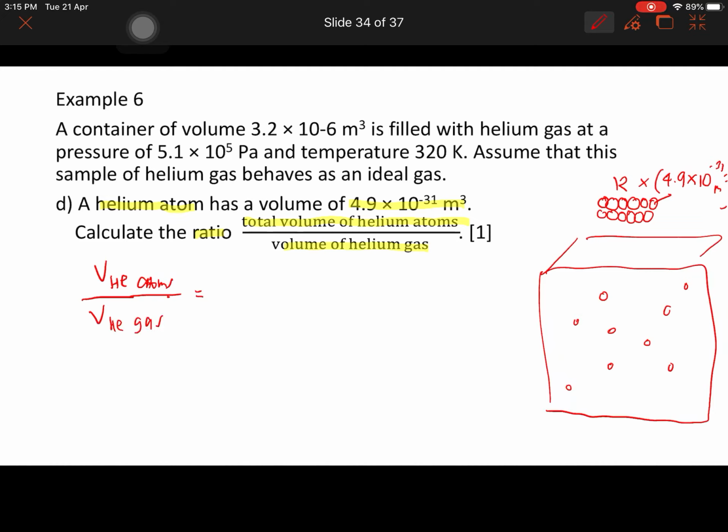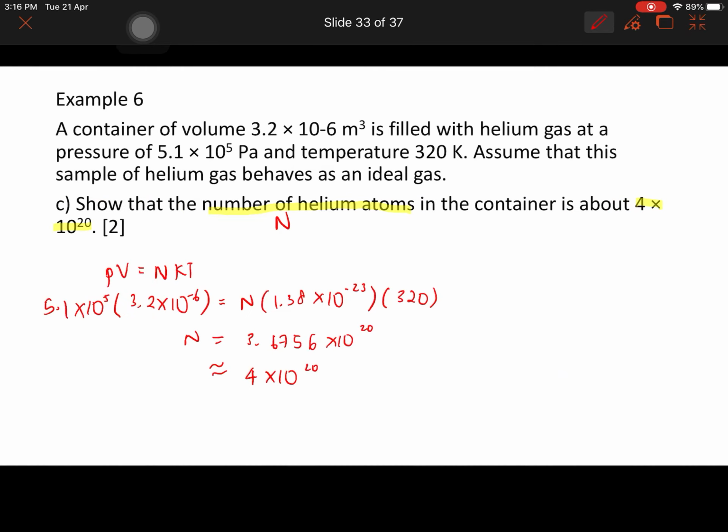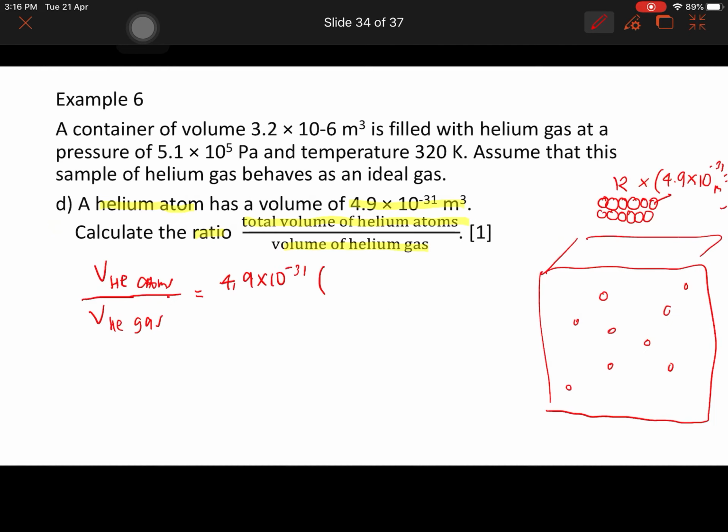So how many atoms do we have? I know one atom has a volume of 4.9 times 10 to the power of minus 31. I need to multiply it by the total number of particles. What's the total number of particles? 3.6756 times 10 to the power of 20. Then I divide it by the volume of helium gas. What's the volume of helium gas? They already told it to us, 3.2 times 10 to the power of minus 6.